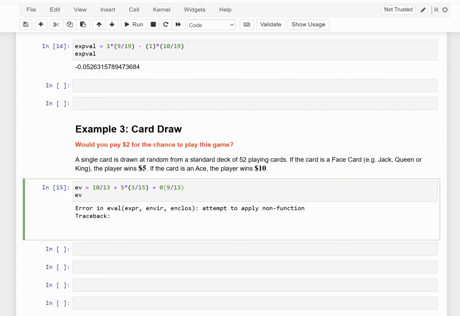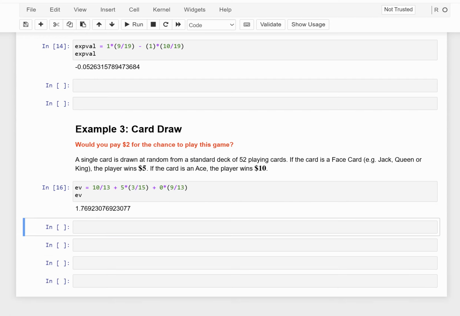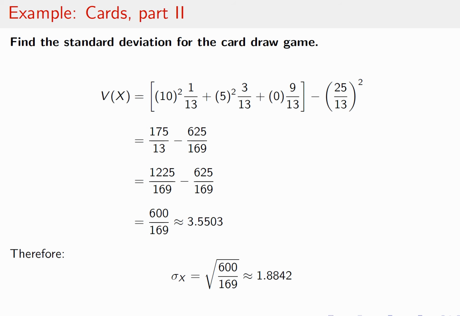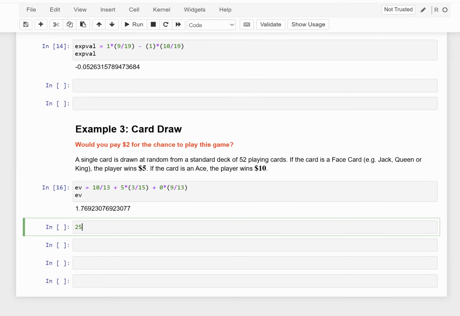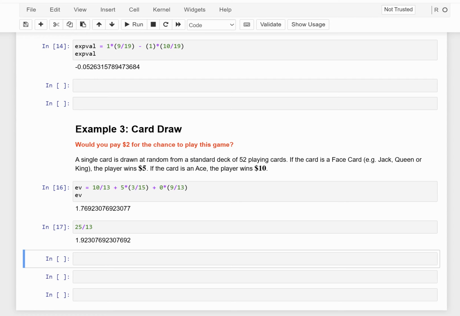And even the 0 needs a multiplication symbol, okay? So the expected value is 1.77 roughly, right? So let's look at what 25/13 is just to see if we're correct.